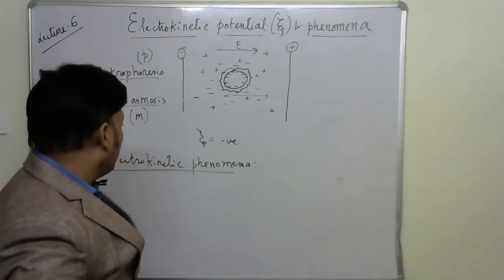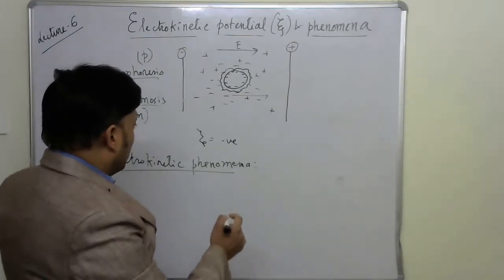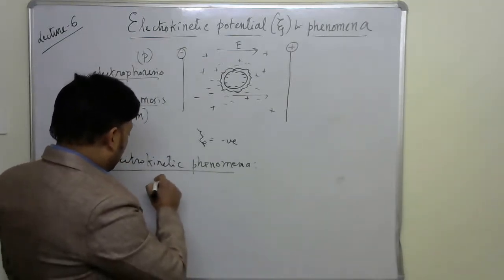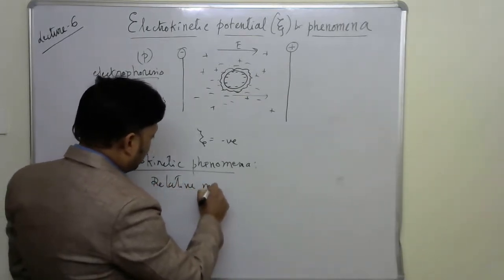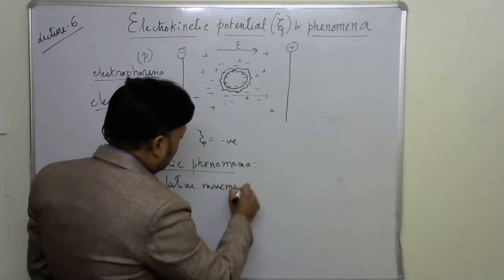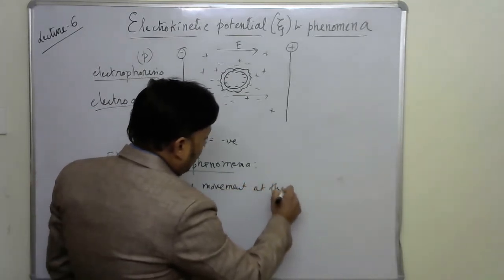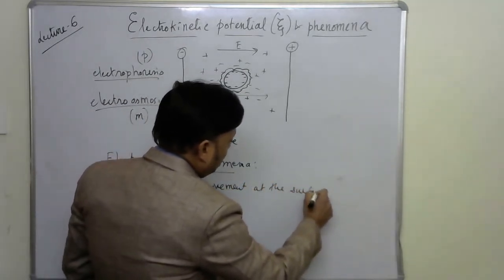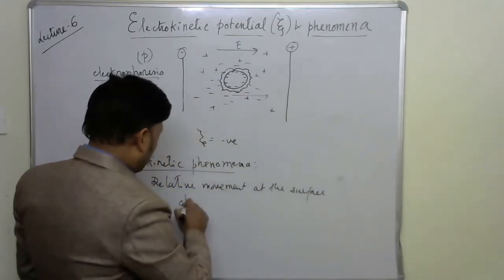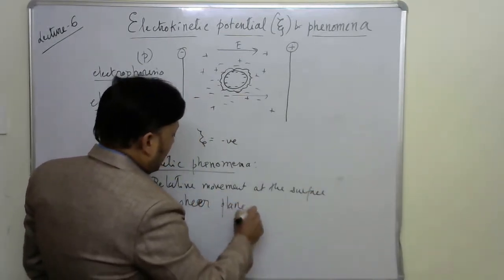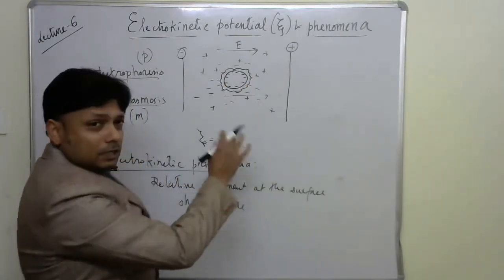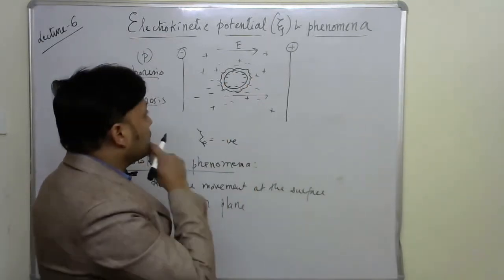So therefore the definition of electrokinetic phenomena is, we can write, it is the relative movement at the surface of shear plane. So that means if everything is stationary, there is no electrokinetic phenomena.